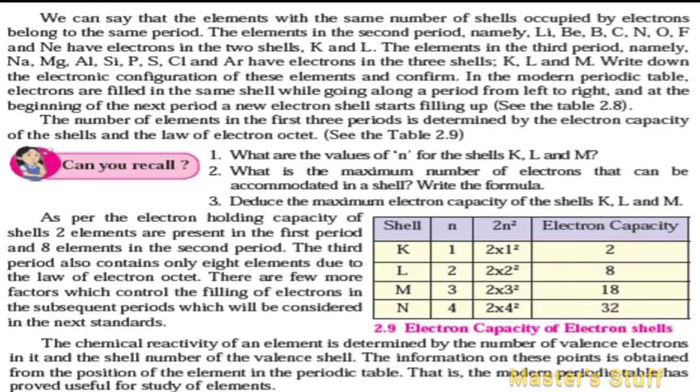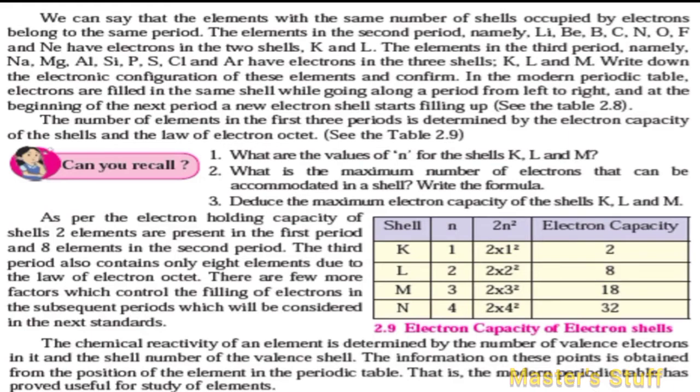The elements in the second period, namely lithium, beryllium, boron, carbon, nitrogen, oxygen, fluorine and neon, have electrons in two shells, that is K and L. The elements in the third period, namely sodium, magnesium, aluminium, silicon, phosphorus, sulfur, chlorine and argon, have electrons in three shells, that is K, L and M.